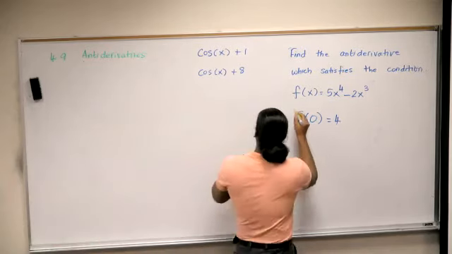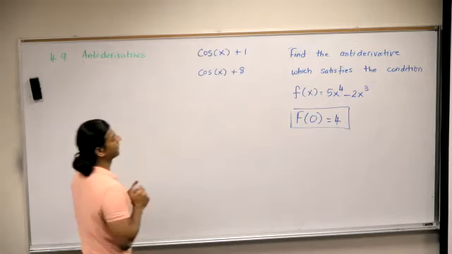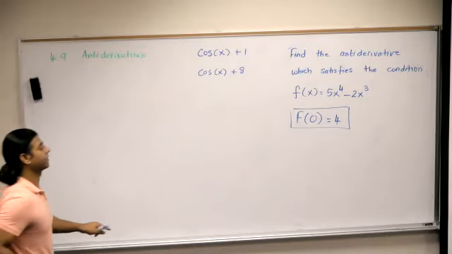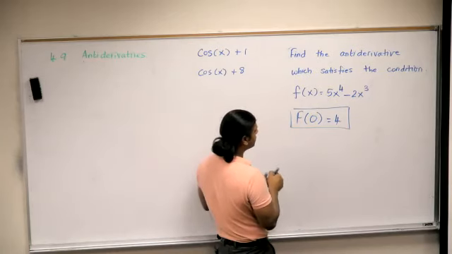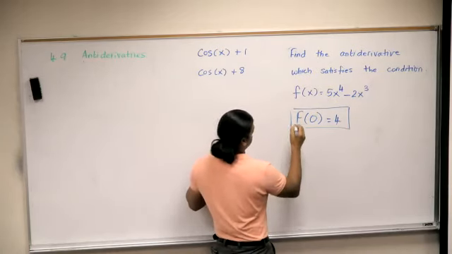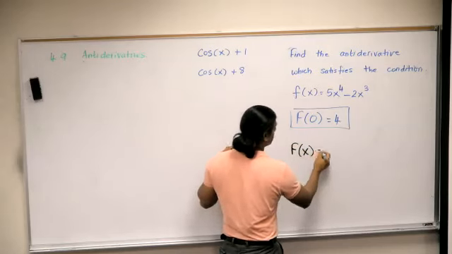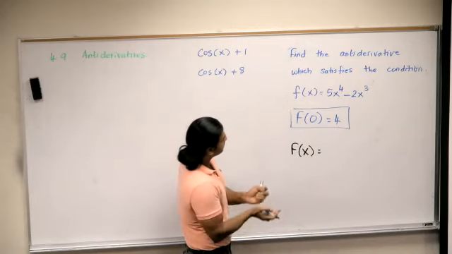But if I introduce a condition, then my answer will be unique. There is only one function which will satisfy this condition. So first off, we need to come up with f of x, so that when you take the derivative, it gives you that.